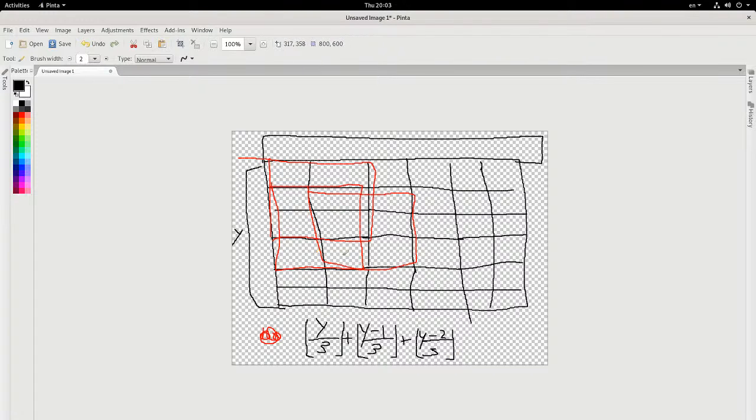And then with that, you won't be double counting any in this particular row. Okay, and then we're going to multiply that by the same thing with the x's. X over 3, and so on. Right? And then we need to subtract something as well.